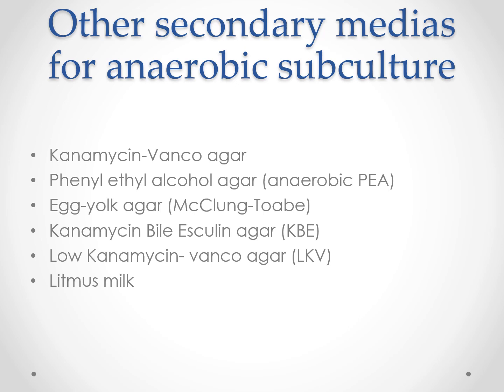We can use egg yolk agar, also known as McClung Toabe, to speciate Clostridiums. Egg yolk agar demonstrates the production of lipase or lecithinase in those organisms. We can use kanamycin bile-esculin agar, which is good for the identification of Bacteroides, and we can use low kanamycin vancomycin agar for the identification of Prevotella. And then finally, we can use a litmus milk broth that evaluates lactose and casein digestion.